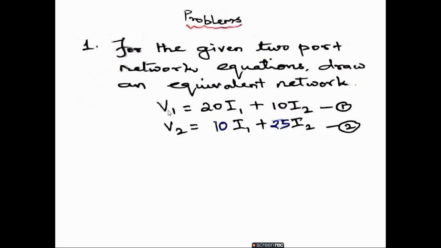So once we are given a voltage equation, we are going to draw a T network. That is very important. In some cases they may not specify whether to draw a pi or T network, and only from the equations we have to find out which one. In another case, if they give current equations, then the coefficients will be admittances.